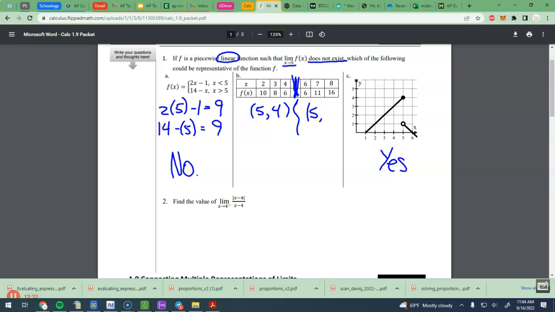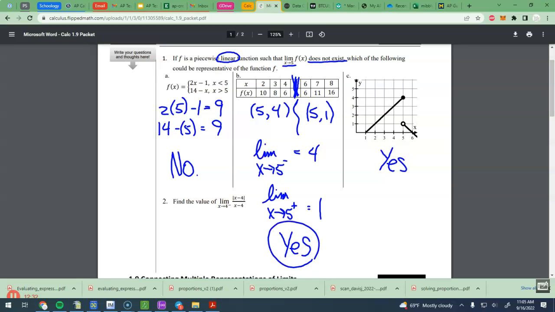What y value does it look like it's heading toward from that side? It would be 1, right? Because it's going down by 5 every time. So the limit as x approaches 5 from the left is 4. The limit as x approaches 5 from the right is 1. So the limit does not exist because those are different, and that would meet this qualification.